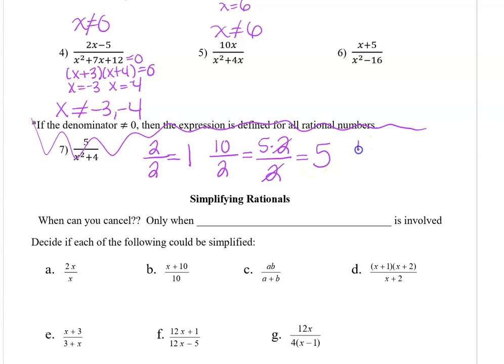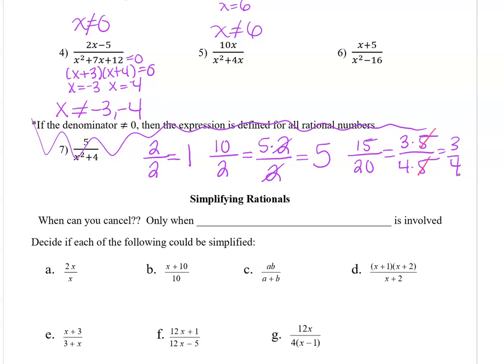If I asked you to do 15 over 20, with this same process, I can break up 15 into 3 times 5. And I can break up 20 into 4 times 5. 5 divided by 5 goes to 1, and that leaves me with 3/4.